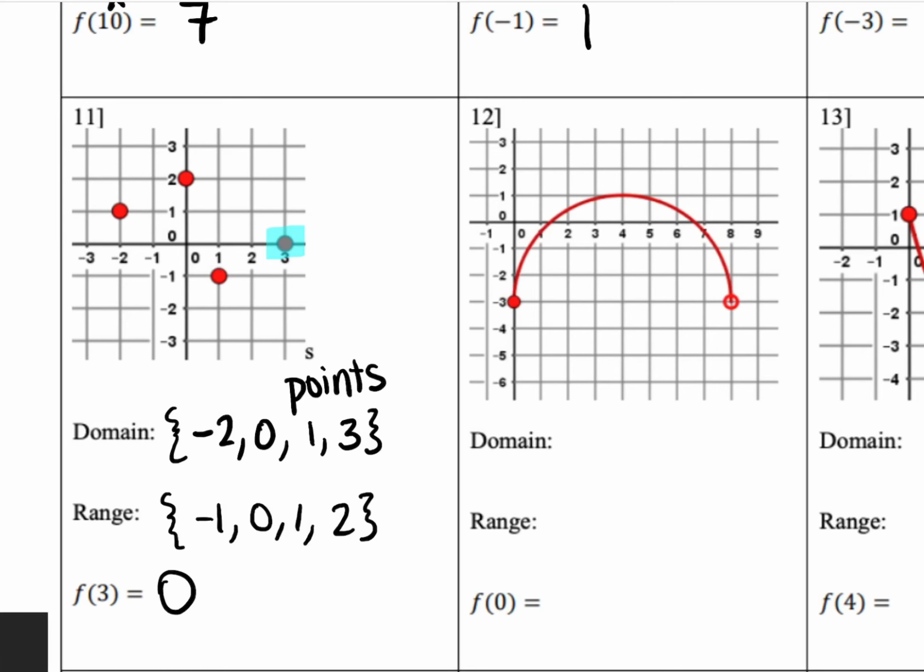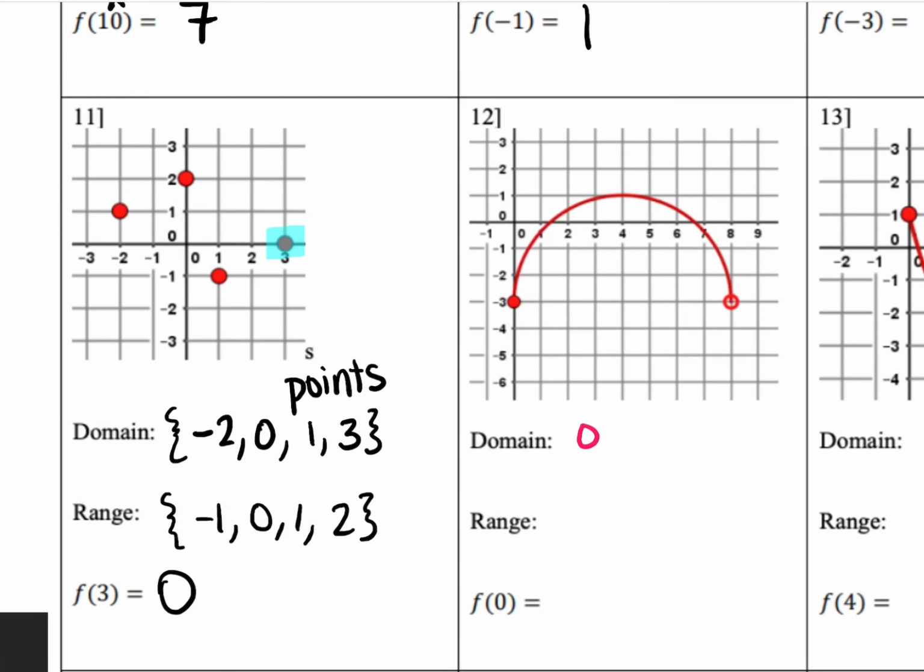For number 12, we have a half circle here. Our domain, again, is all of our x values. I'm sorry, I was confusing our range with it.